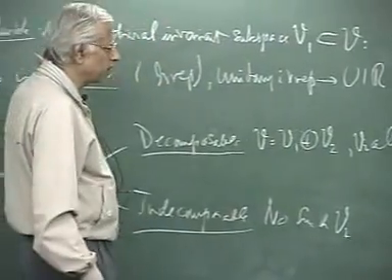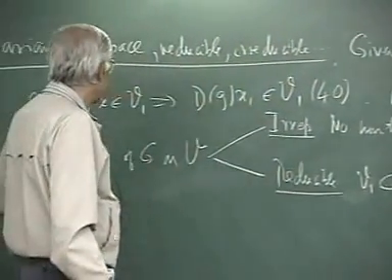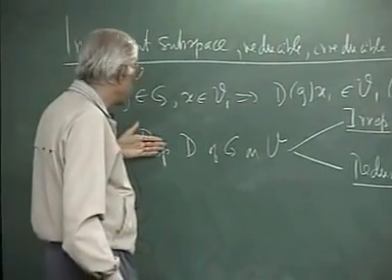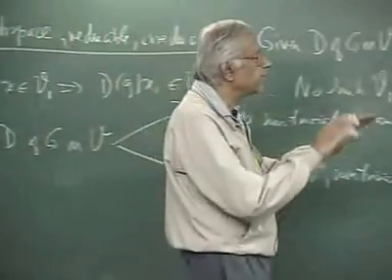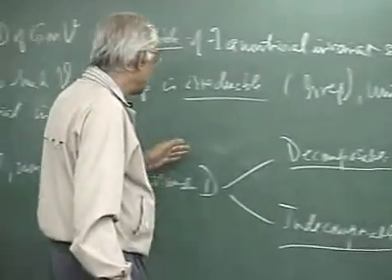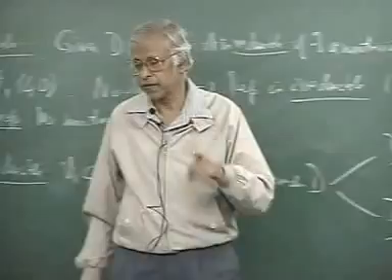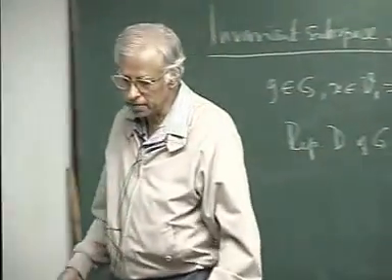Just the inverse of what we did earlier today, the direct sum of two representations. Here we are trying to decompose a given representation into smaller pieces. The representation may be reducible, but it may not be decomposable, may be indecomposable.